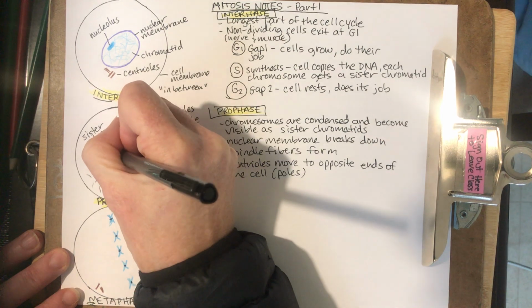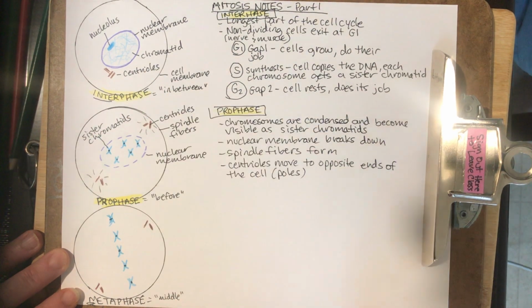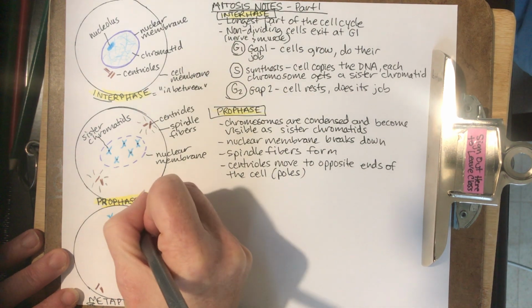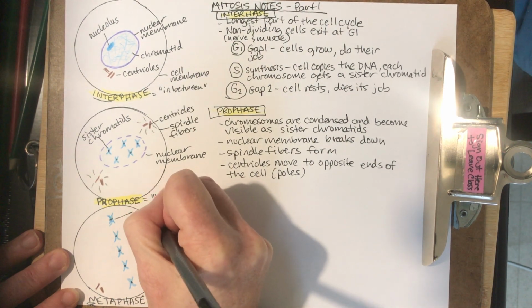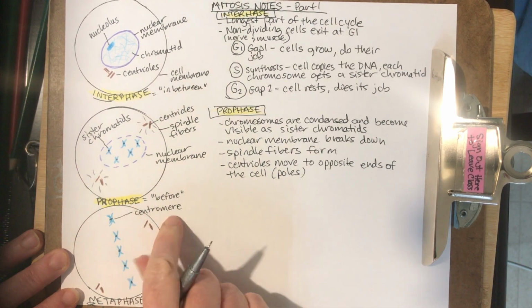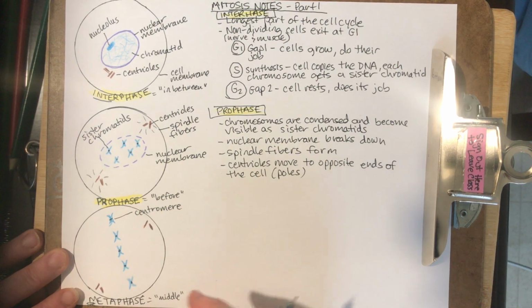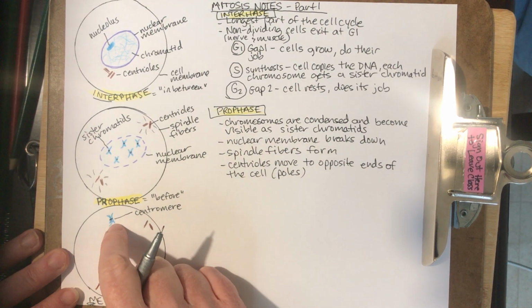Okay, I'm going to go back and add some little dots to the center of these sister chromatids. We didn't talk about them yet, but I'm going to talk about them now. These are called centromeres, which just means center location. And you can kind of think if you had two pipe cleaners and you wanted to hook them together, you could put a paper clip in between to kind of hold them together.